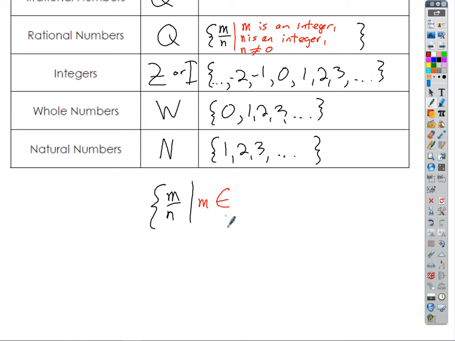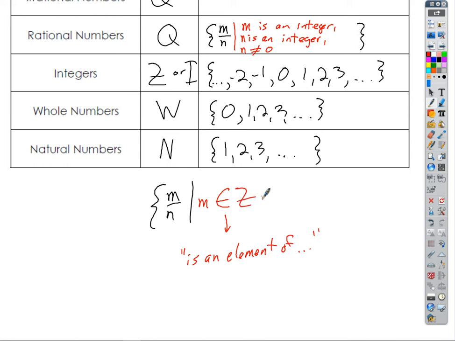This symbol right here means is an element of, or is a part of, like a set, for example. So we could say M is an element of, how did we say the set of integers again? What was our symbol for that? Z. Or I mean, I, it could be I, but usually it's Z.